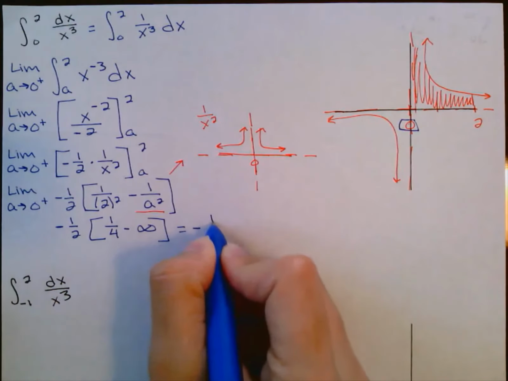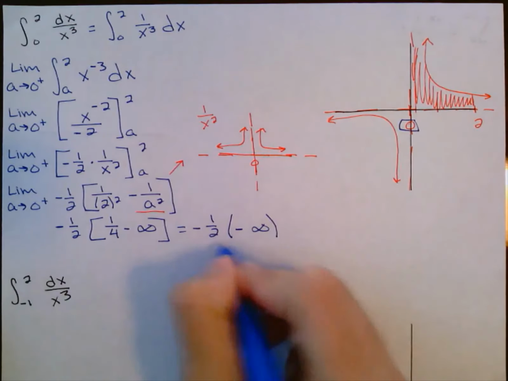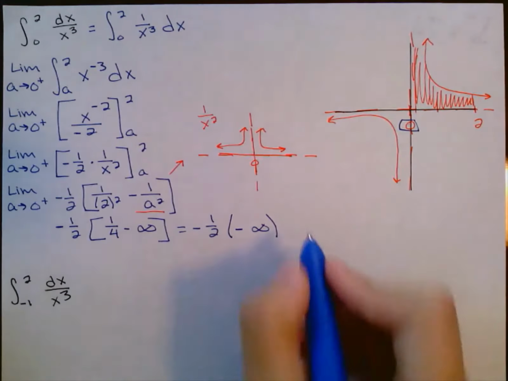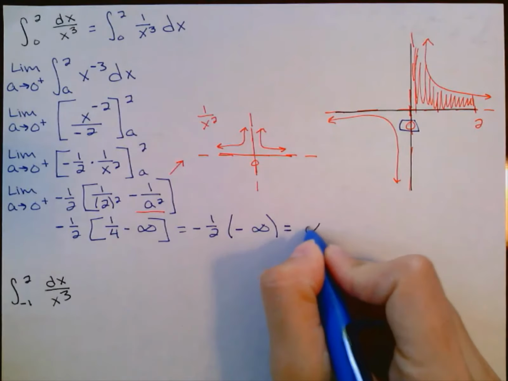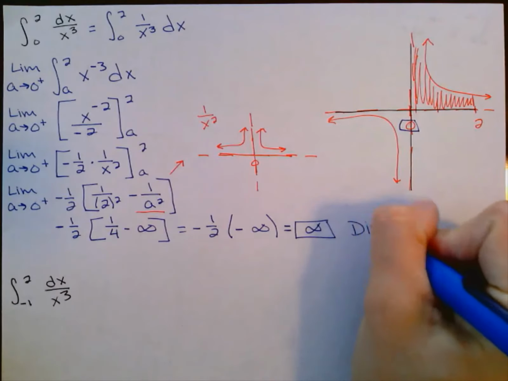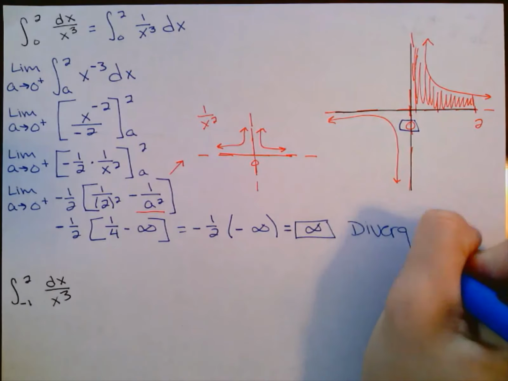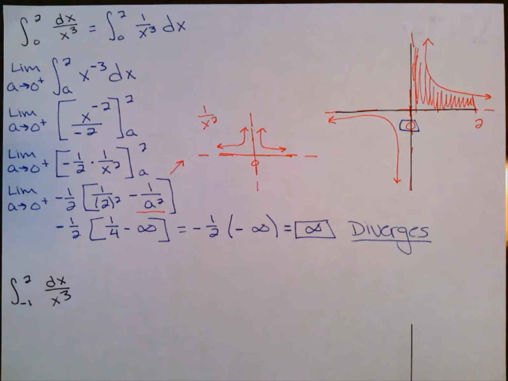So I have negative half times negative infinity. And while a number times infinity is still infinity, a negative times a negative is going to make that positive infinity. And remember, that counts as a divergence. Okay? Let's go ahead and move on to that next one.